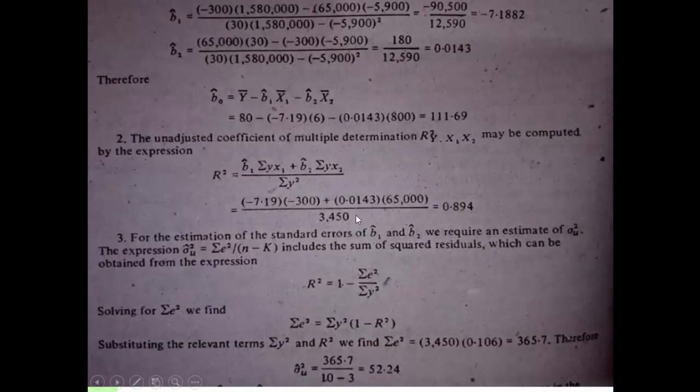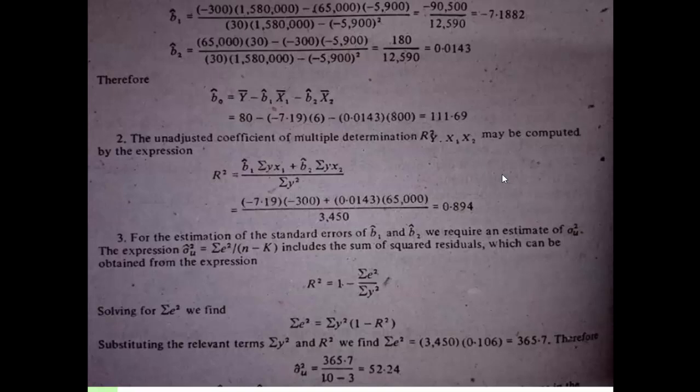By solving these calculations, we get the value of R square as 0.894, which means that 89.4% variation in the demand is brought about by the independent variables income and price in this case.